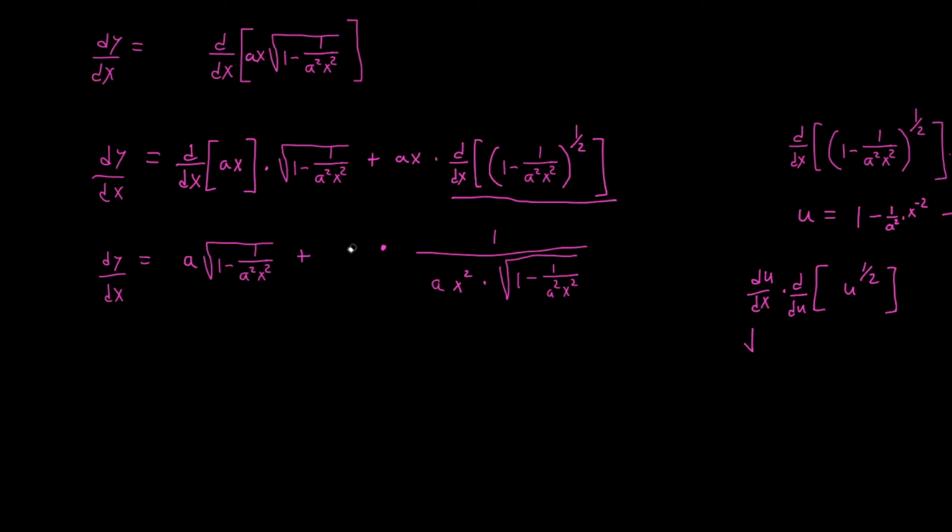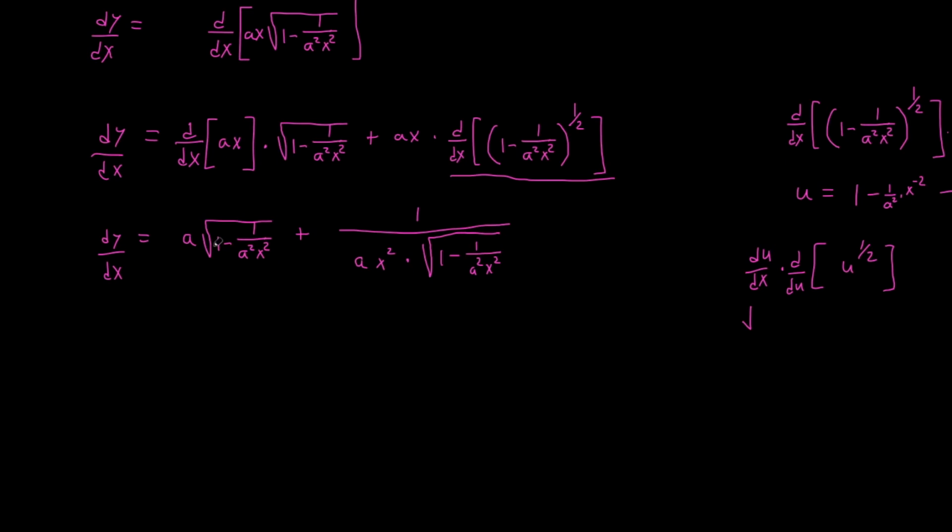And let's see, is there anything else we'd like to do here? Looks like we can simplify this a little bit further by giving like denominators and completing this addition.